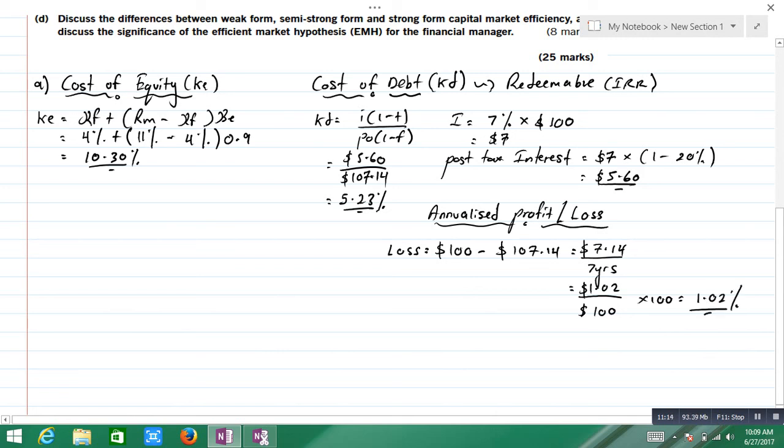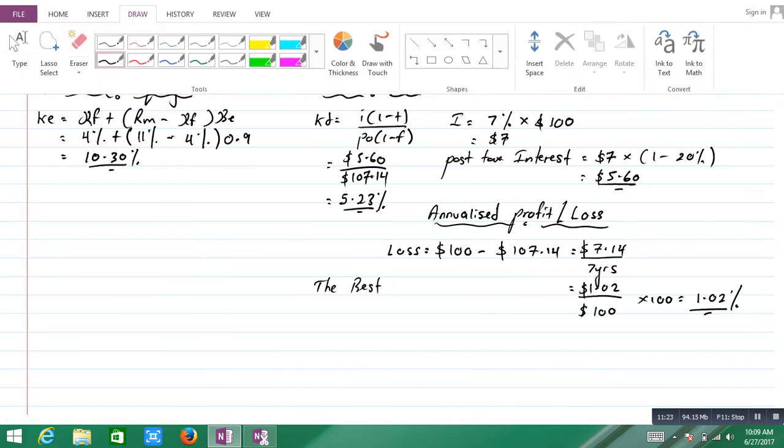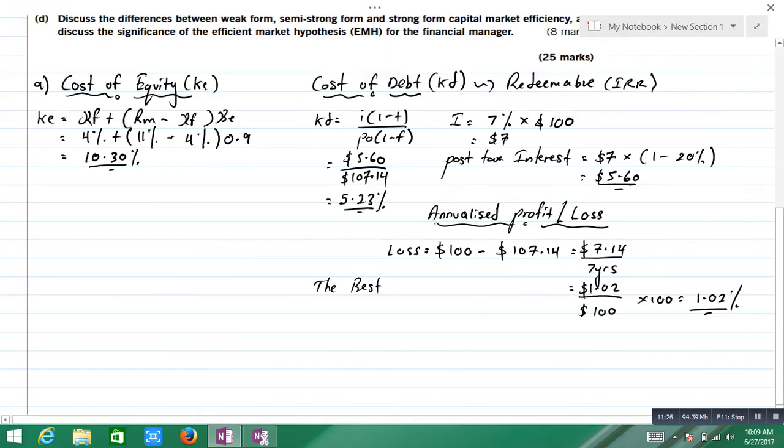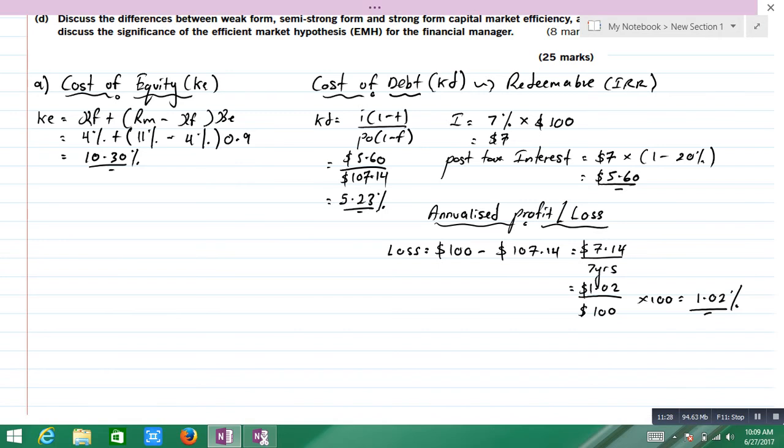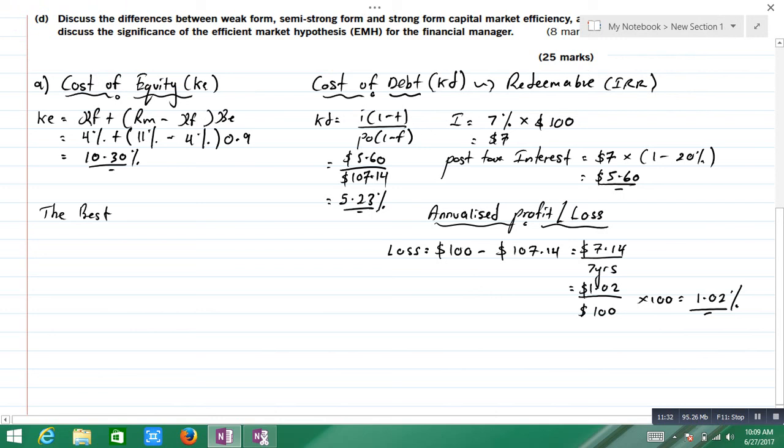So the best is to put it here. Discount factor for us to start the NPV calculation for the IRR will be, we're going to take 5.23. Don't forget, a lot of students will make this mistake. They are not aware of this loss.